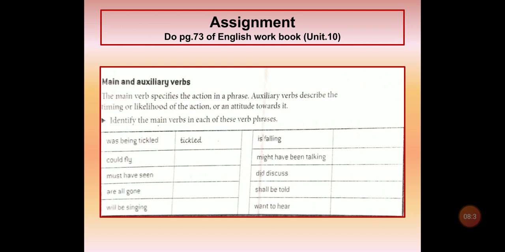In this first question, a few verb phrases are given and you have to point out the main verb in these phrases. Here the first one is done for you: was being tickled. Was being is an auxiliary verb and tickled is the main verb. In the same way, you have to find out the main verbs in these verb phrases.